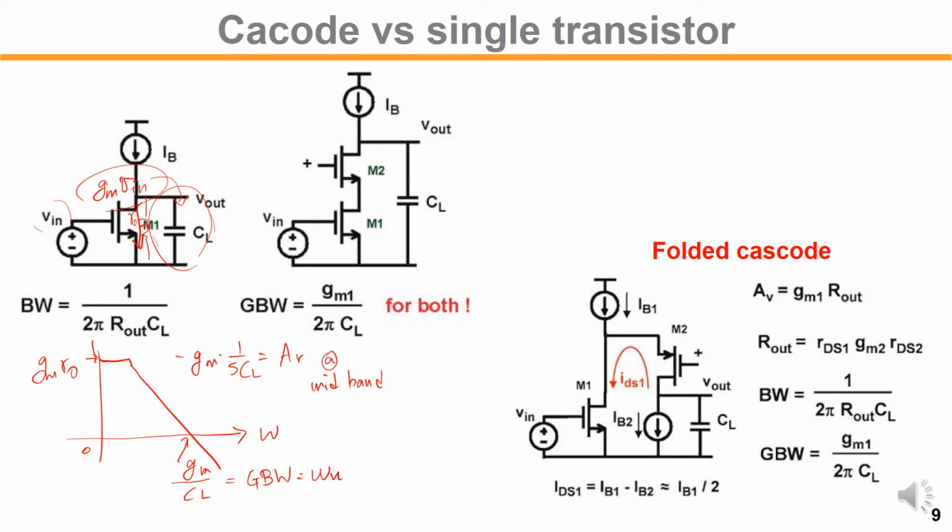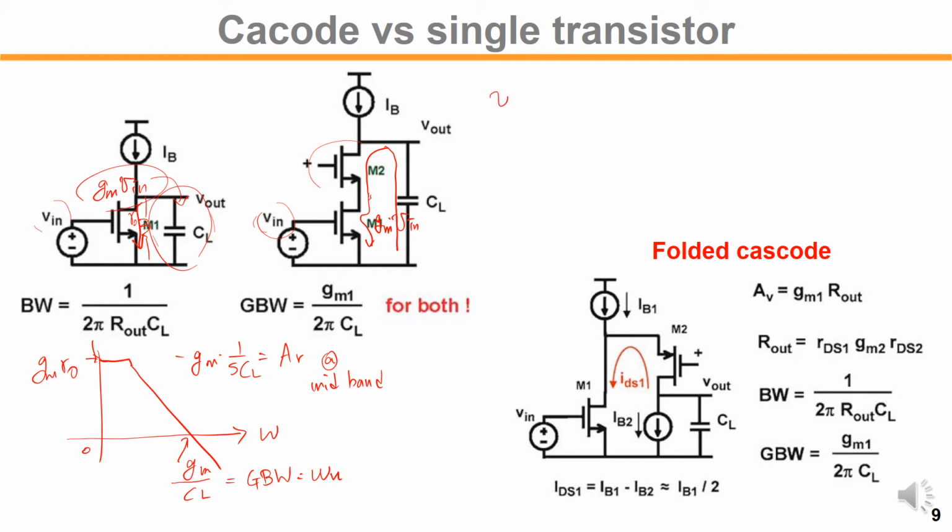What about the cascode device? This is similar. For a small variation, the current will be gm times Vin. This current will flow through this cascode device and then again through the capacitor.